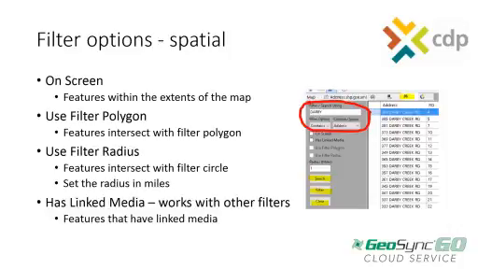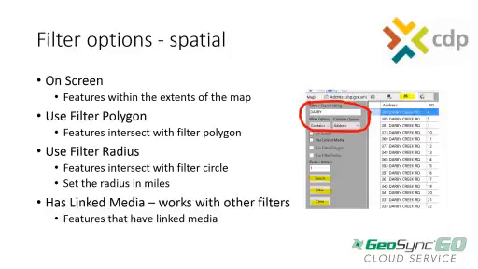You can also do a filter radius, where you create a circle with a certain radius or diameter, and again it'll select features that intersect with the filter circle. You can set the radius in miles. The other spatial tool is linked media, which will filter records that actually have linked photos or documents associated with them.